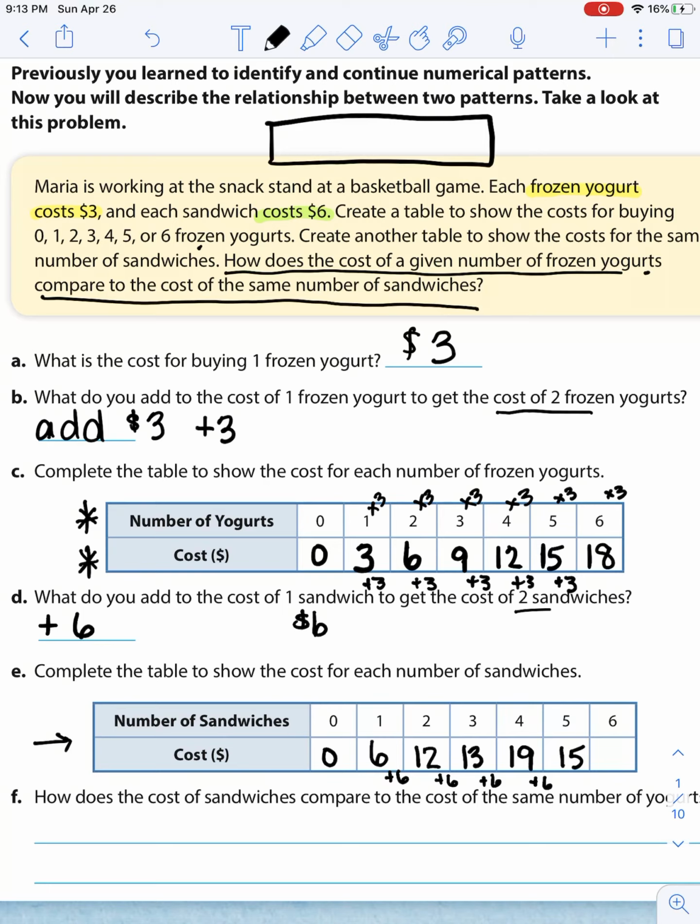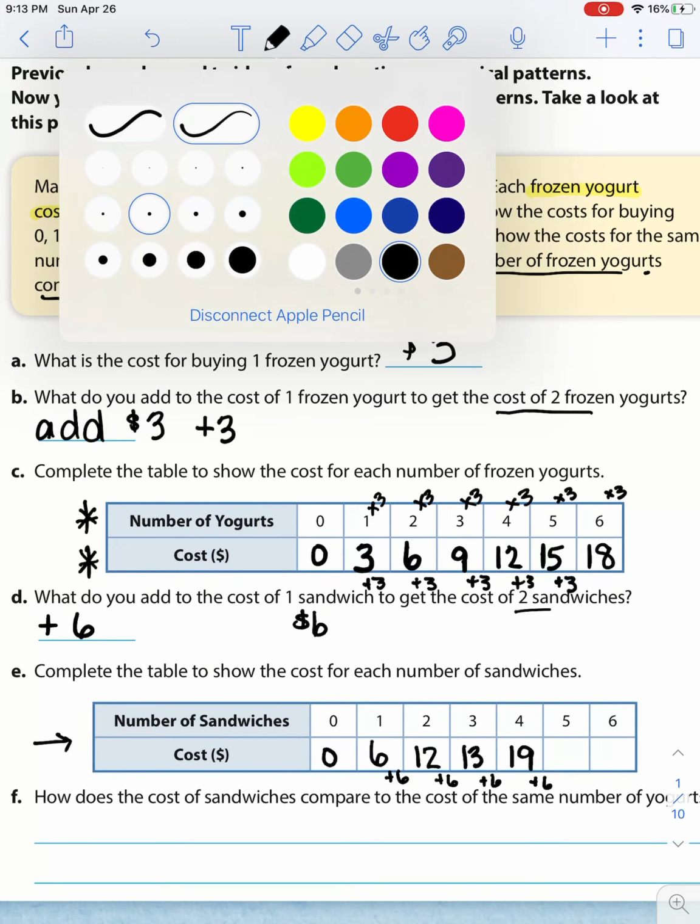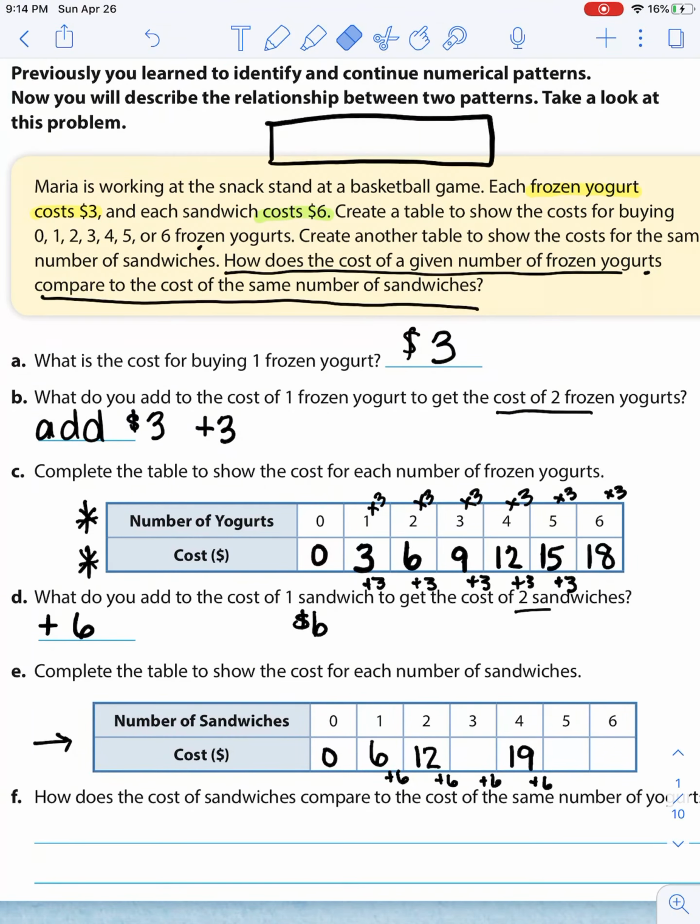Oh, whoops. See, I can't talk and write at the same time. I knew something looked wrong there. 18 plus 6, 24 plus 6, 30 plus 6, 36.